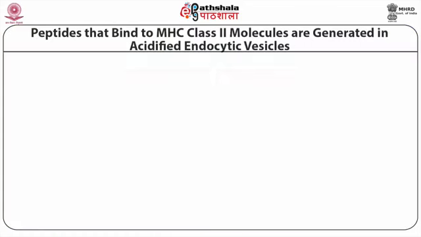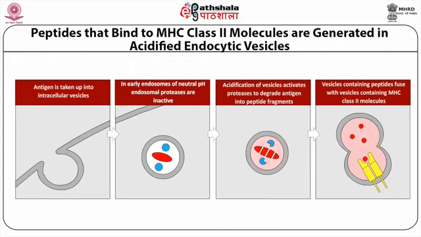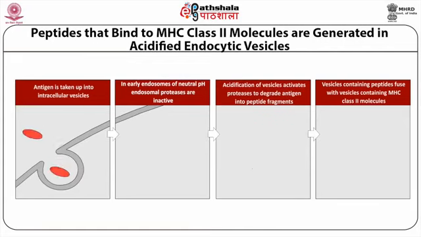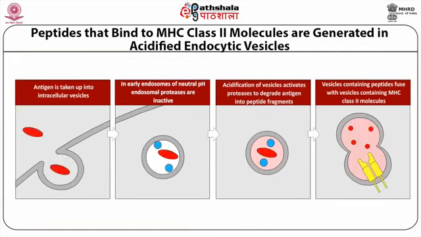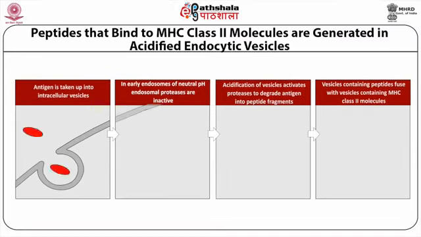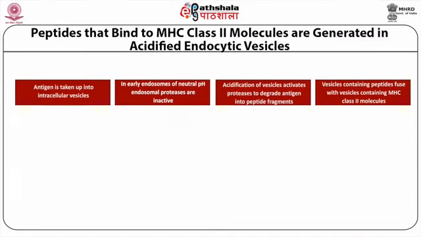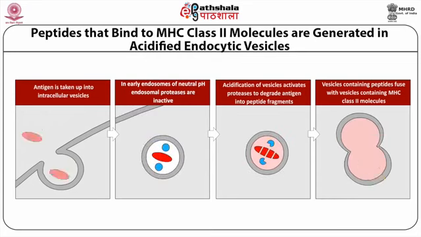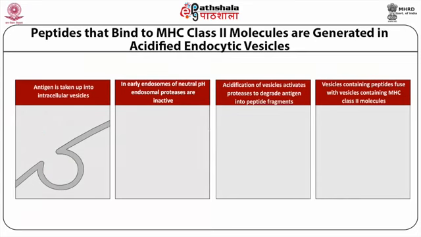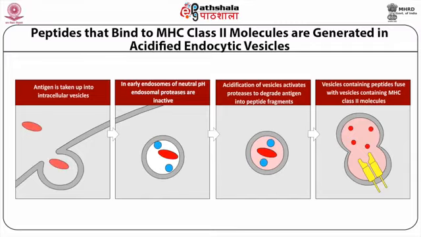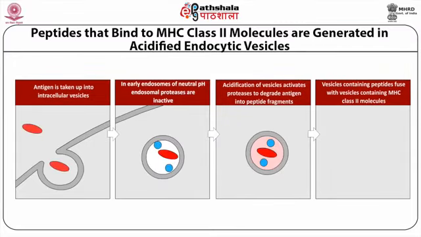The pathogens that replicate inside intracellular vesicles and macrophages are degraded to form peptide antigens differently. Protozoan parasite Leishmania and mycobacteria are important examples of this class.